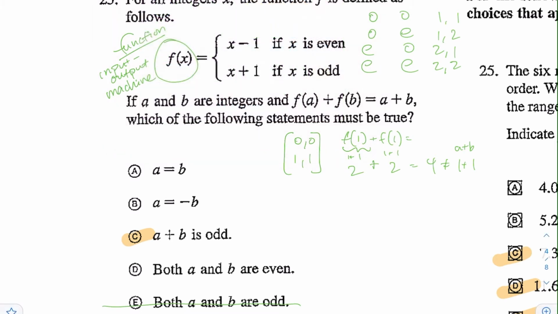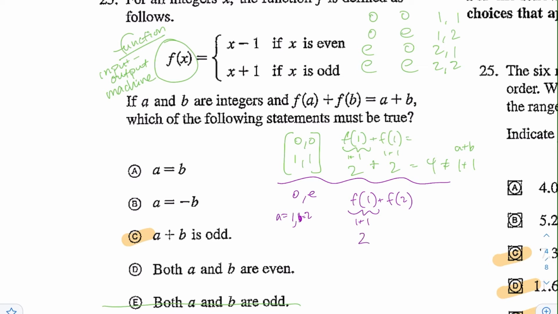Then you go to the next scenario, odd, even. So that's going to be 1 comma 2. So a equals 1, b equals 2. So f of 1 plus f of 2 would be, f of 1 would be 1 plus 1, because 1 is odd.